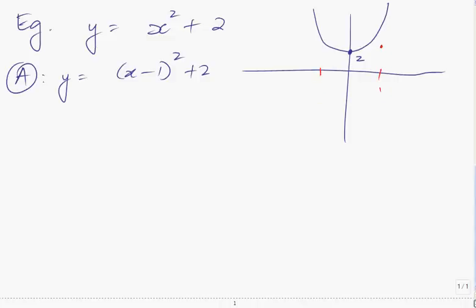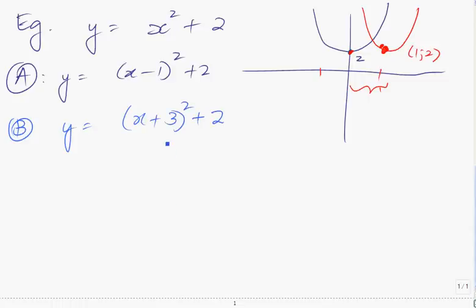So that means instead of turning at 0, 2, the graph will now turn at the point 1, 2. On the other hand, if you have y equals x plus 3 squared plus 2, the plus 3 here means it moves 3 units to the left. So the turning point there will be minus 3, 2.